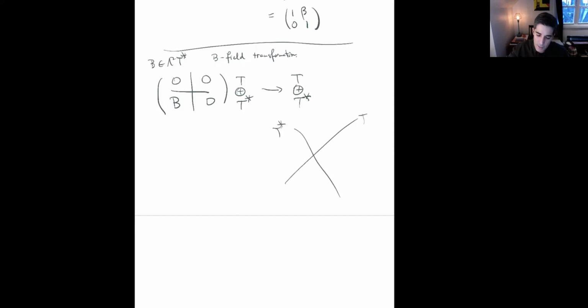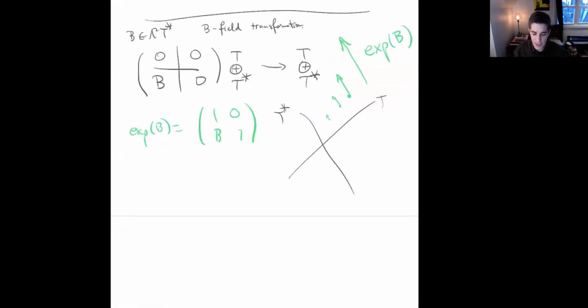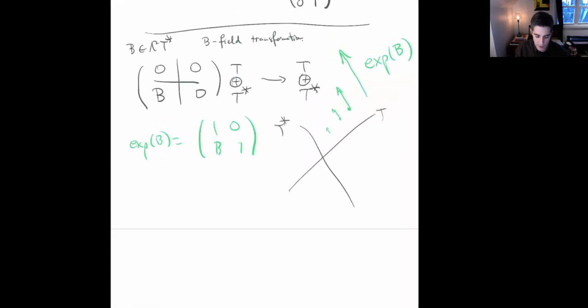And the shear is in the opposite direction. This is the exponential of B. The exponential of B will be 1, B, 1, 0, acting on T plus T star. And all of these are orthogonal transformations. This is in O of n comma n.